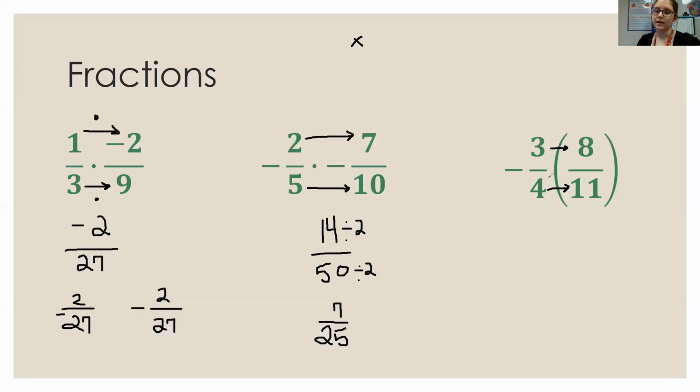And we do that by dividing the 8 and the 4 by the same number. Okay, so 4 divided by 4 is 1, and 8 divided by 4 is 2. Now, the big thing about this is we can only reduce numerators and denominators.